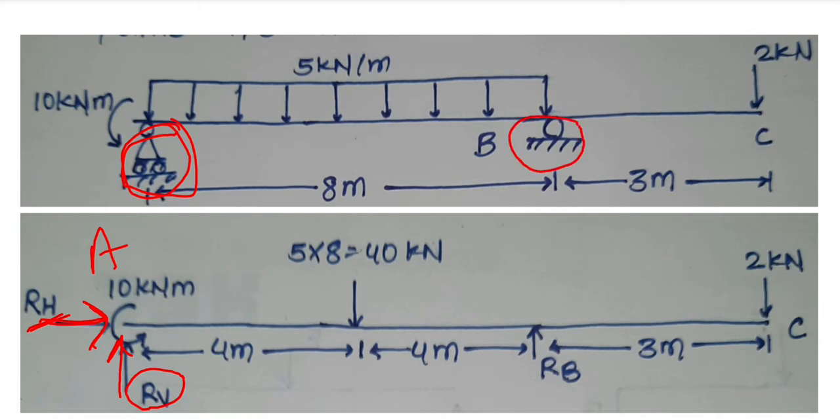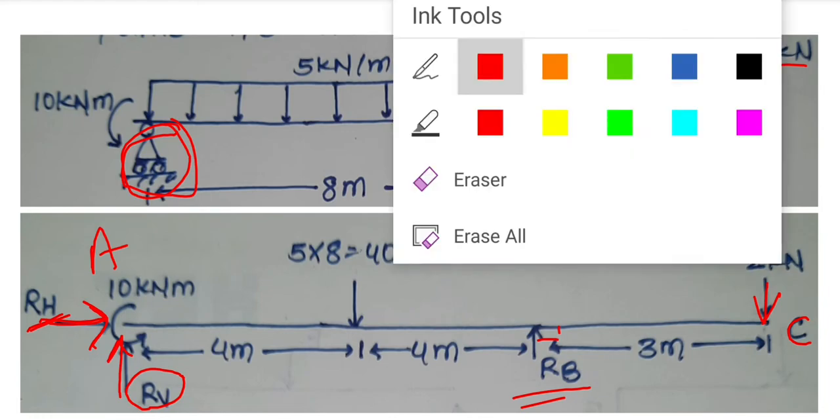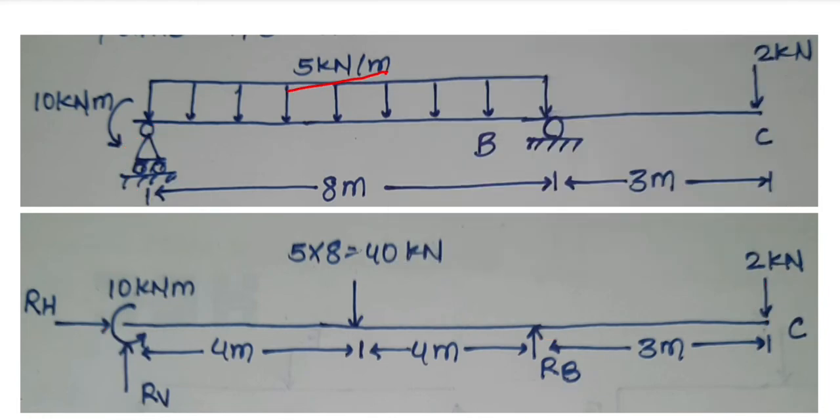On point B there is a roller support, so force RB is acting in a perpendicular upward direction at point B, and 2 kilonewton of force is acting on point C in a perpendicular downward direction. Now see here, there was a 10 kilonewton meter moment acting on point A. Here we have represented the same.